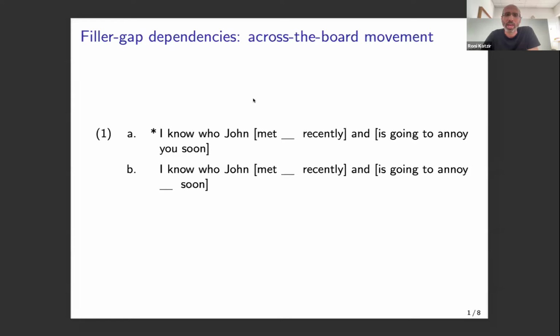So 1A is not good because it has a gap just in one conjunct: "I know who John met _ recently and is going to annoy you soon." No gap in the second conjunct. And the good 1B: "I know who John met _ recently and is going to annoy _ soon." Gap in both conjuncts.